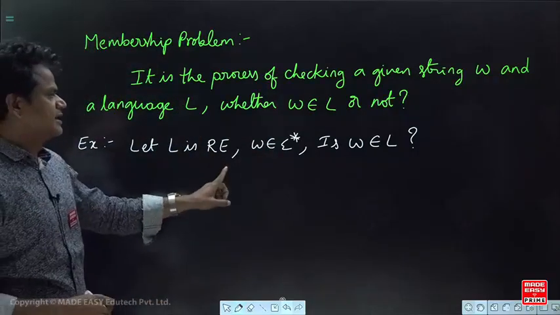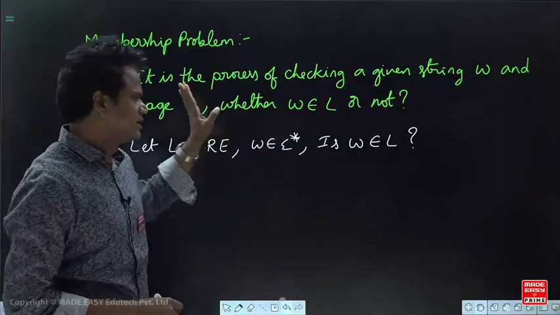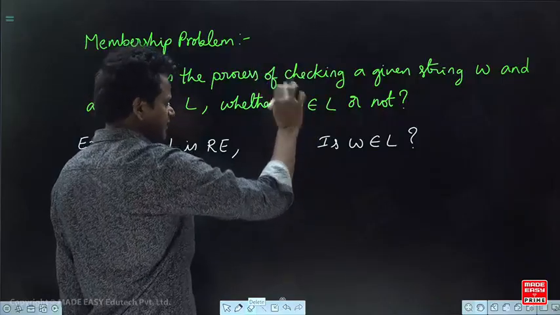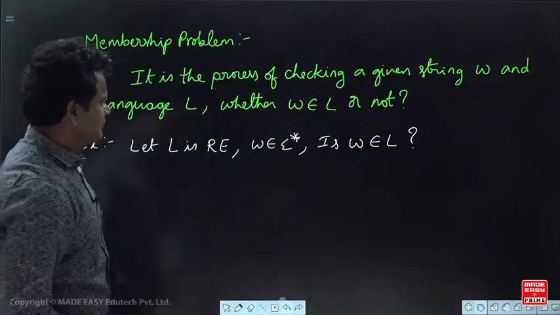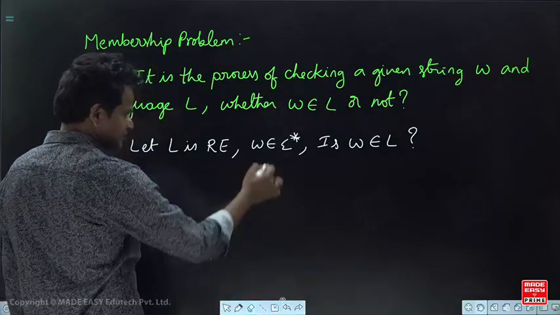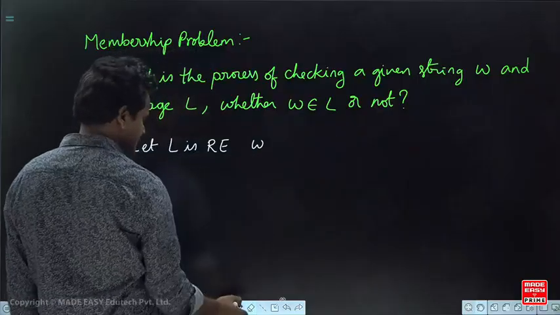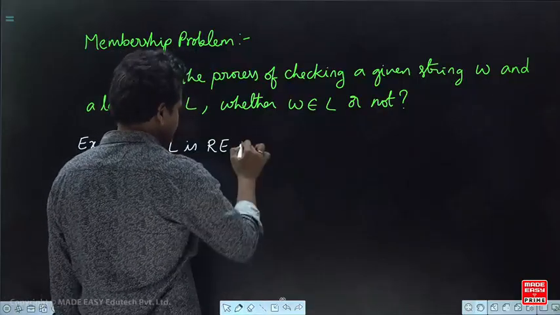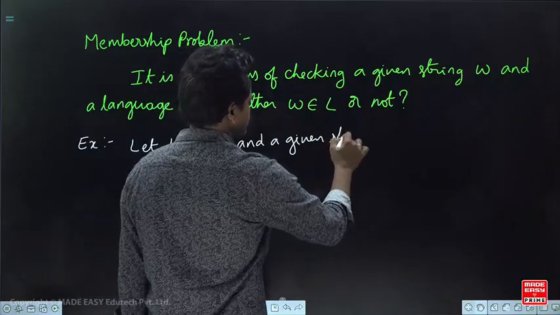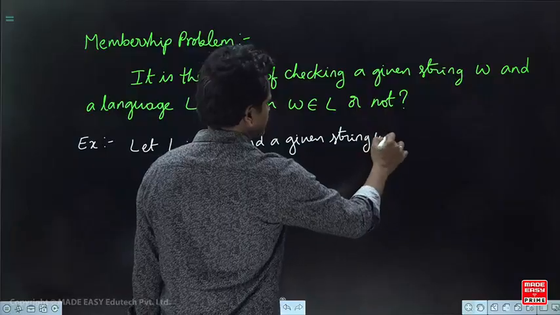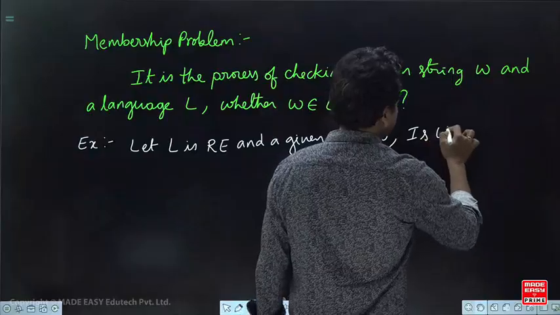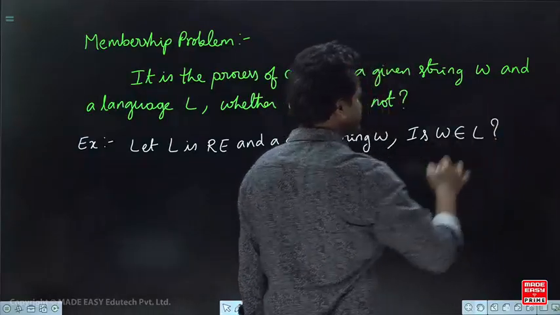So L is an RE language, W is a string over sigma star, and the question is: does W belong to L?